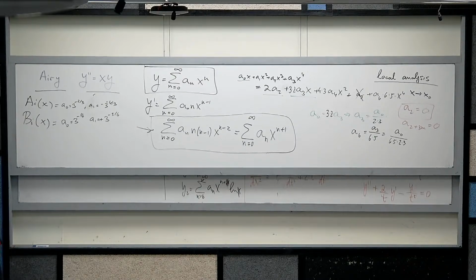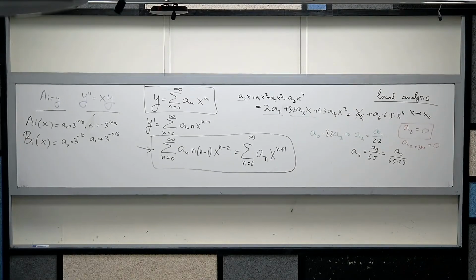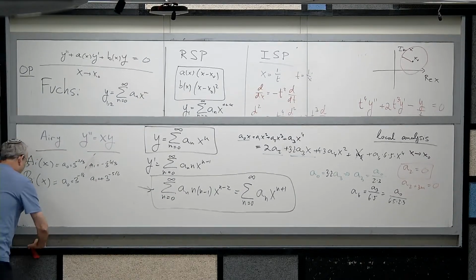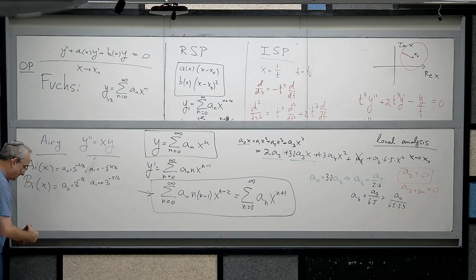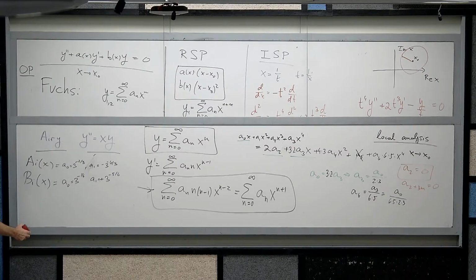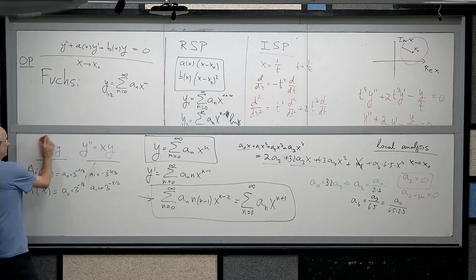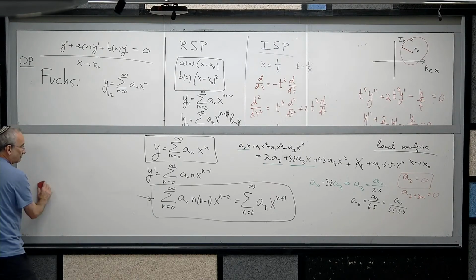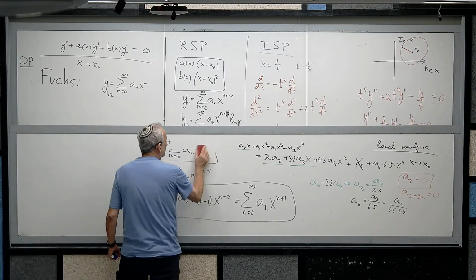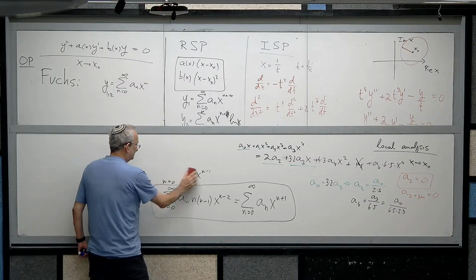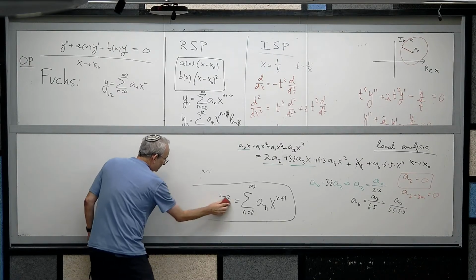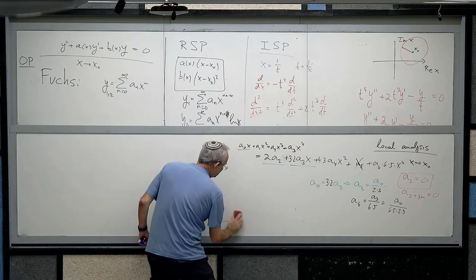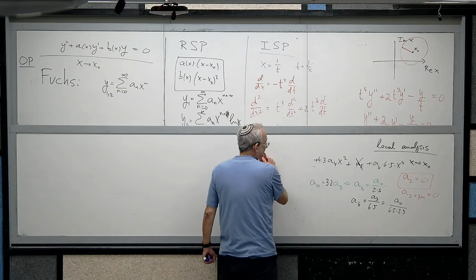How do I get an intuition? I will get it from looking at irregular singular points for first order equations, so for equations that I know how to solve. So let's make a comparison between 3 cases.